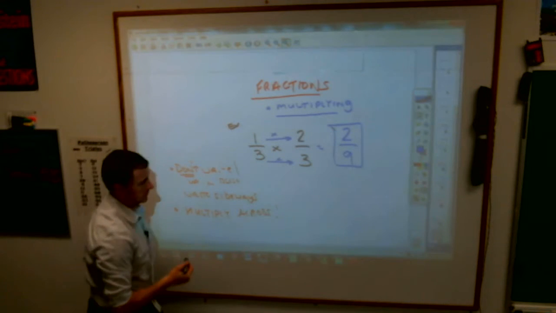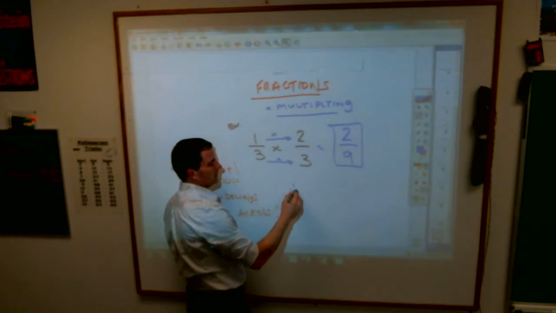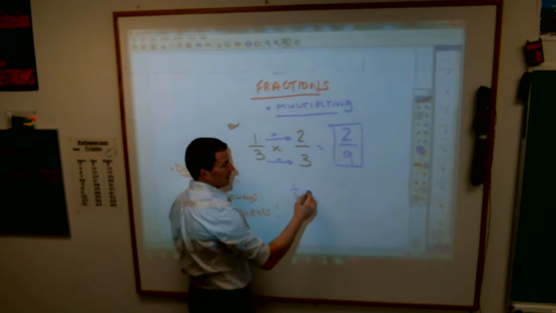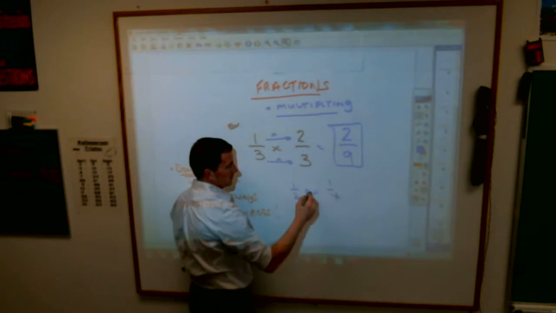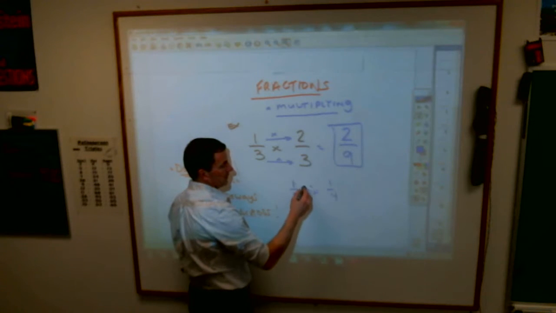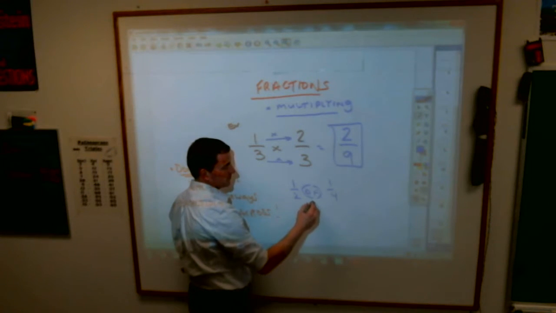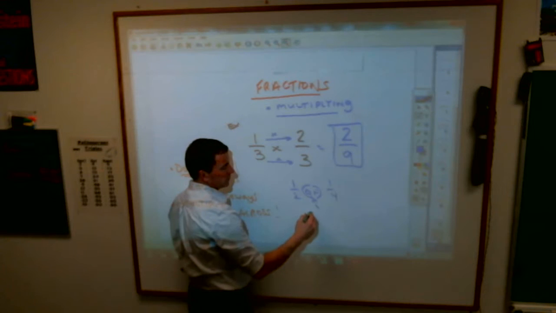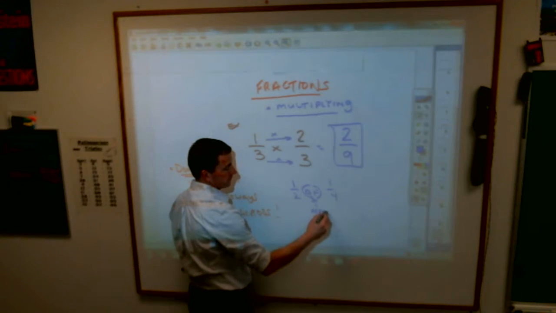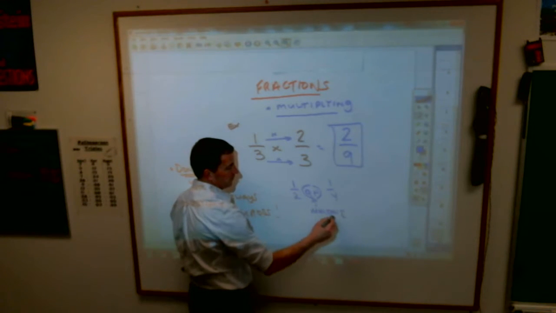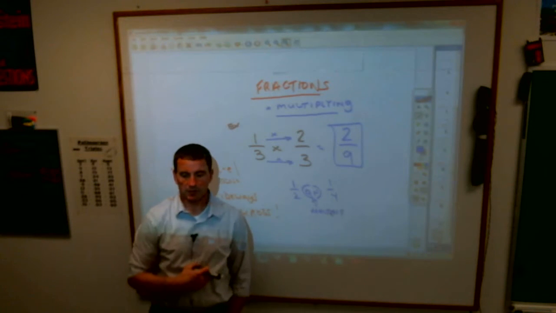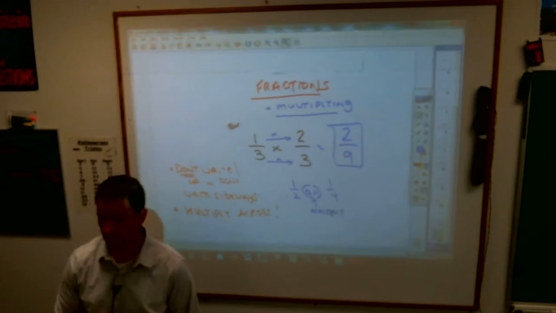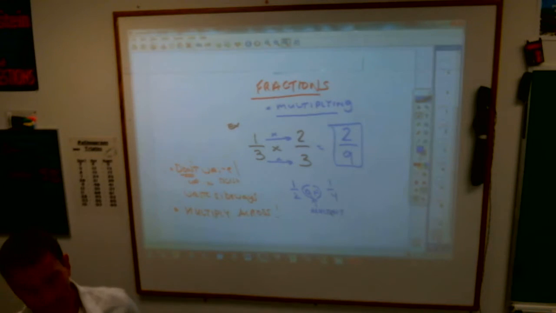A good way to think about this, what if I asked you what is 1/2 of 1/4? We also have to remember the word of in math always means to multiply. But before we do that, if you would take out, somebody show me their little fraction circles, because sometimes it helps us to see this.